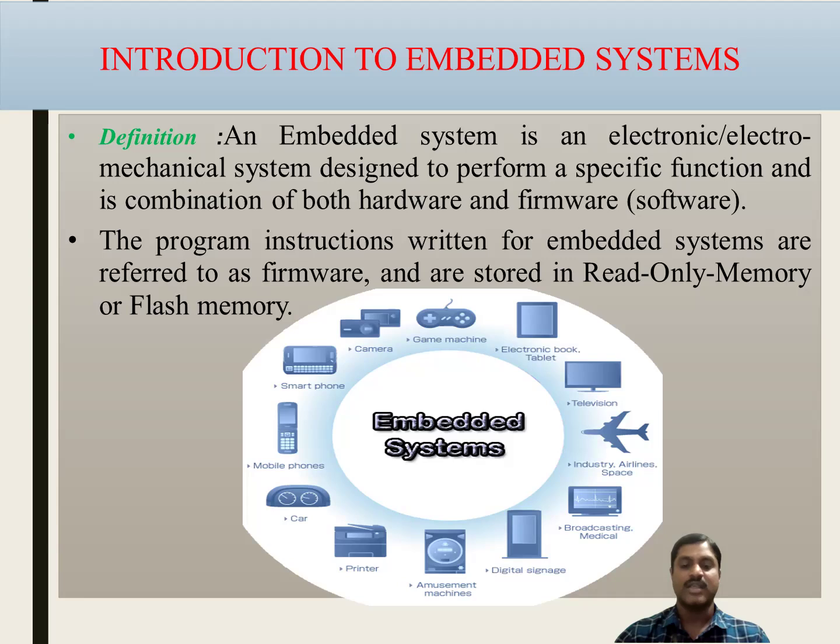So these are the examples of embedded system. This embedded system can be used in smartphones, cameras, washing machines, electronic book tablets, television, industry and air navigation systems, broadband networking. So everywhere we are using the embedded systems.